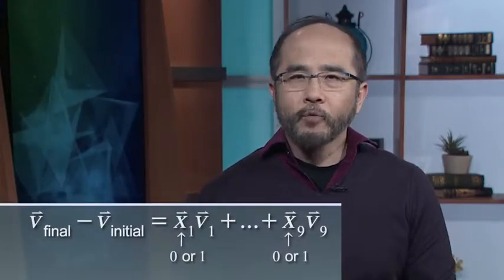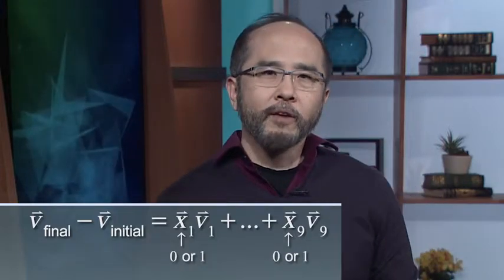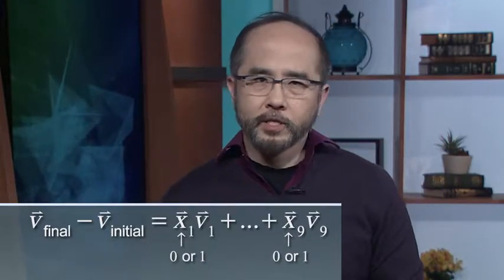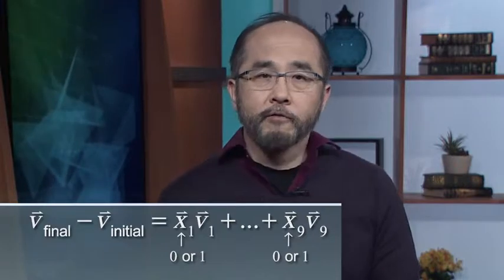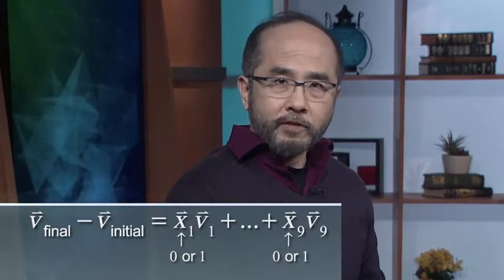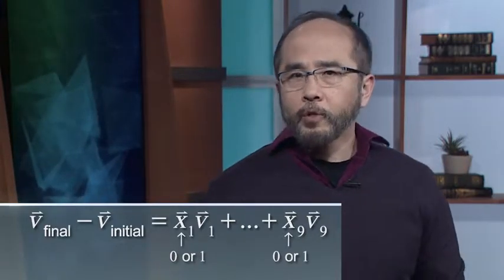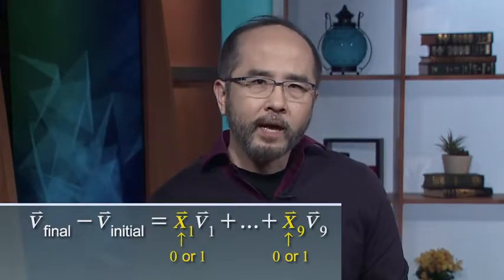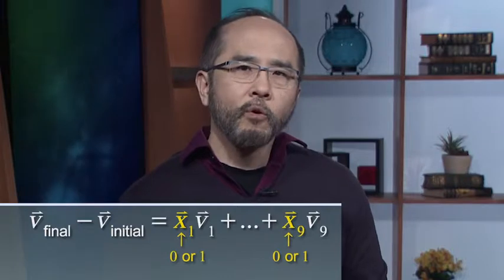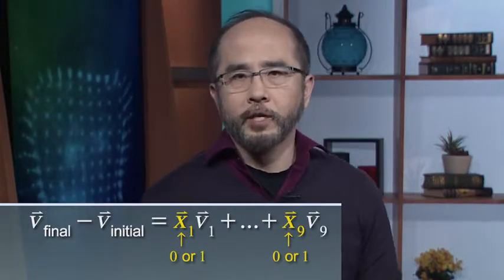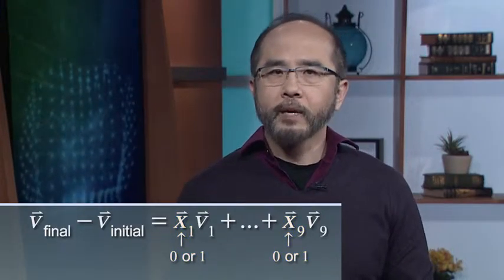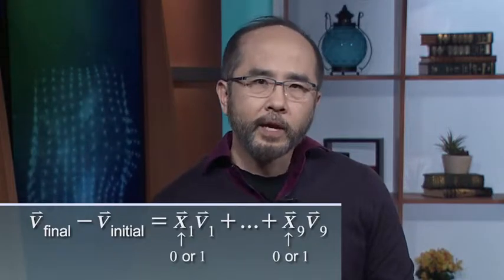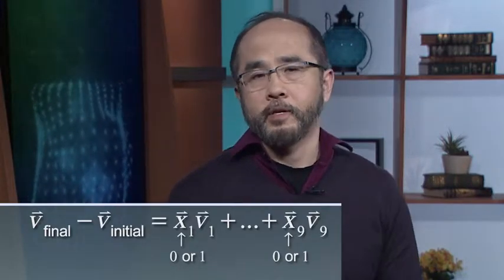So if I want to find which buttons to press to get from the initial configuration, let's call it v sub initial, to the final configuration, v sub final, then I am looking for a linear combination of button vectors v sub i that have only 0 or 1 as coefficients in the combination, and which add up to the difference v sub final minus v sub initial.